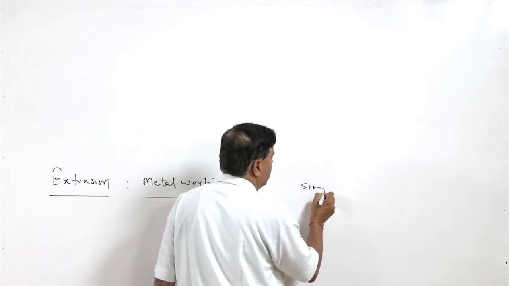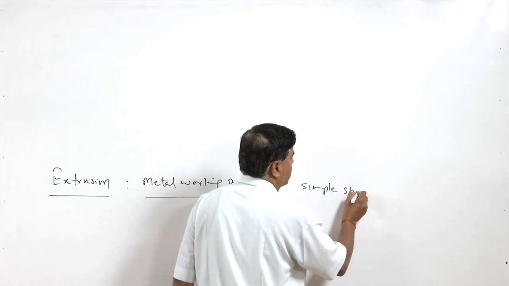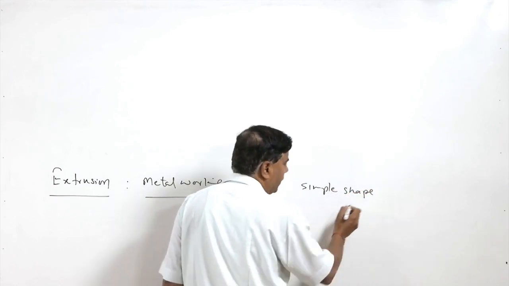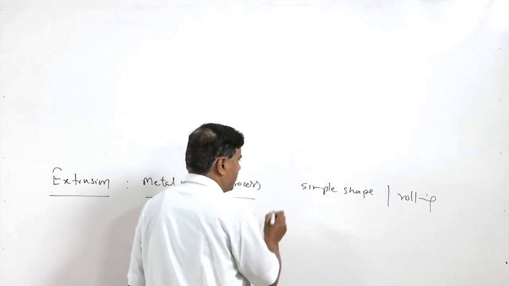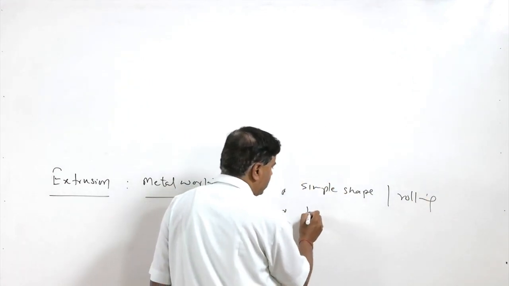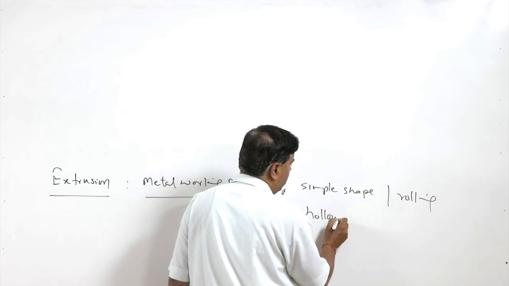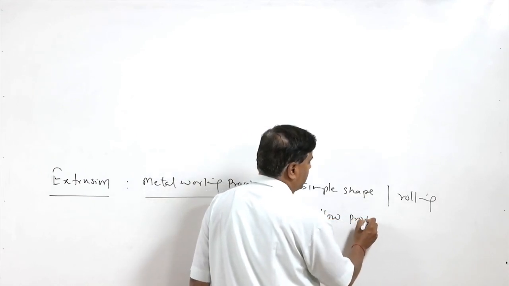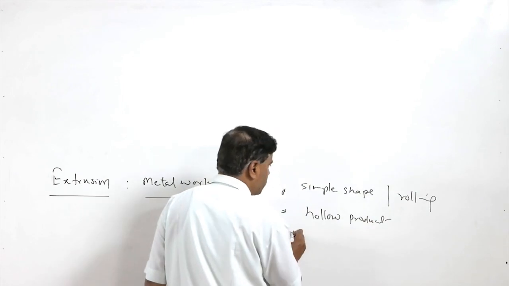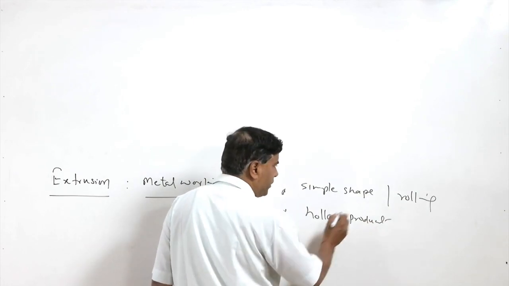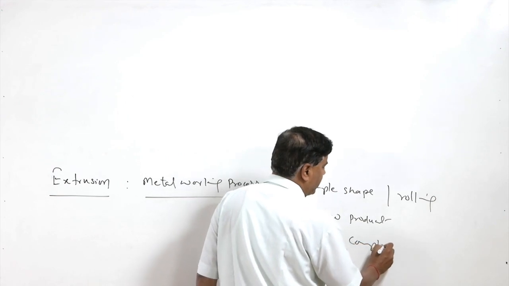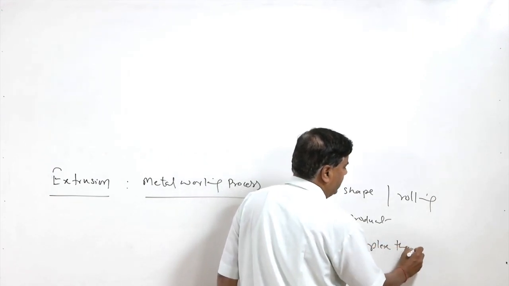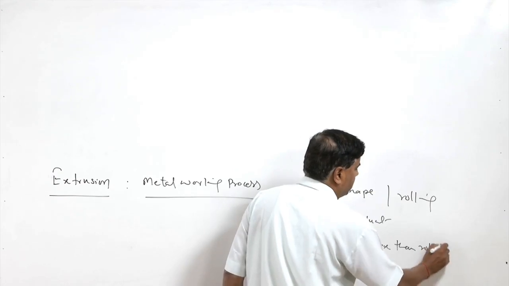Basically, simple shape products like rolling are made using this process, but it can also be used for making hollow products and those which are a little bit more complex than those which can be produced by rolling.